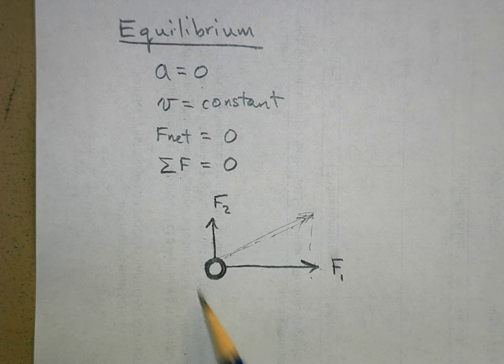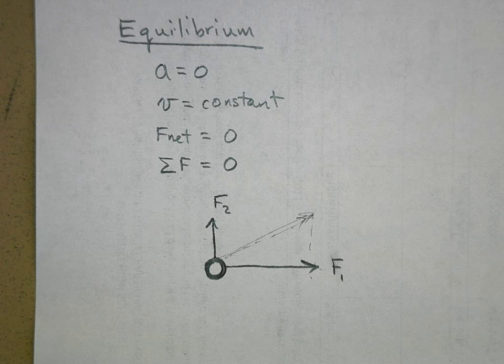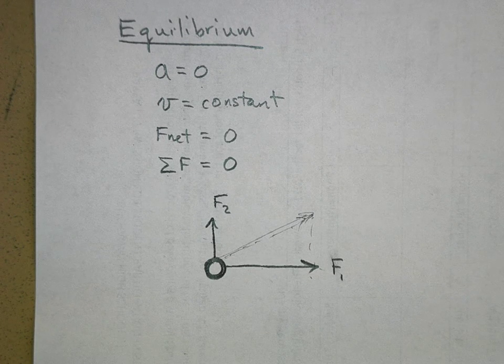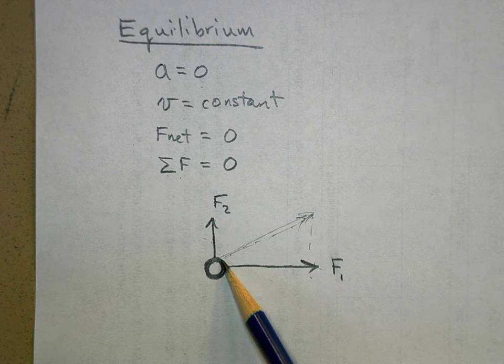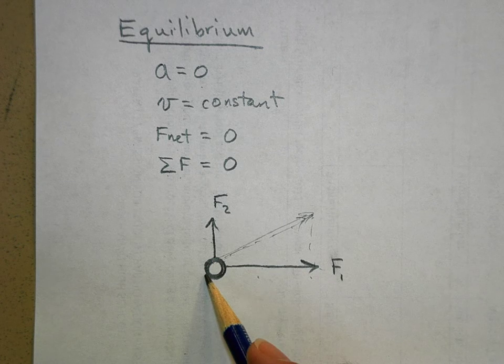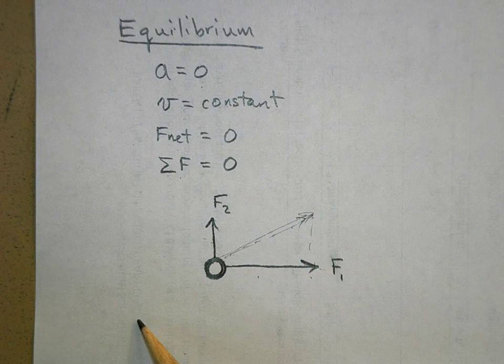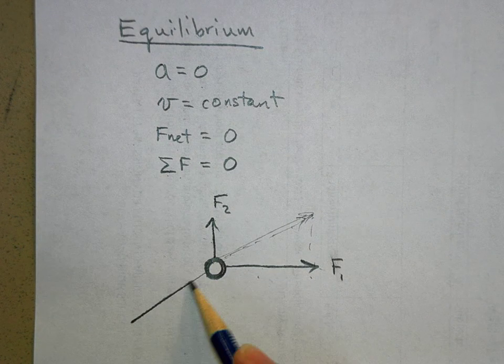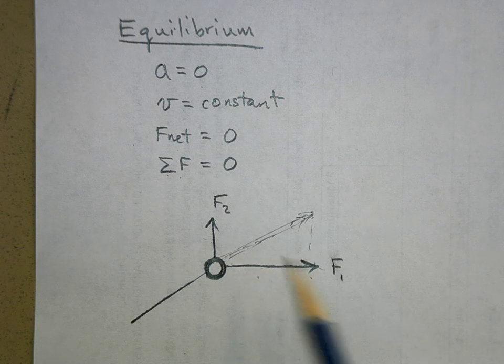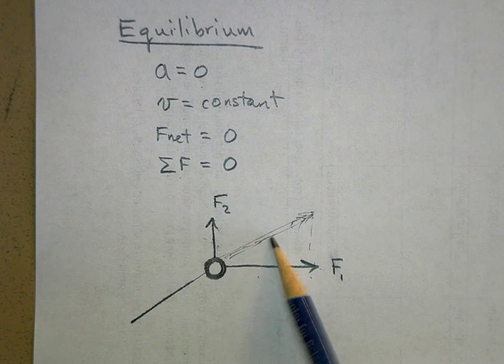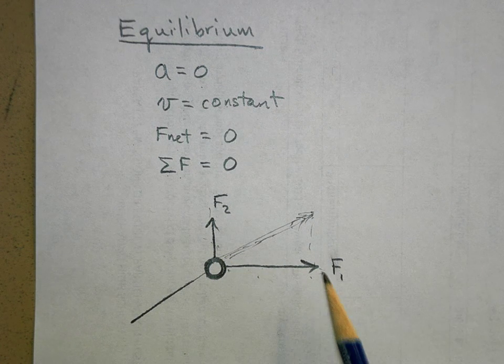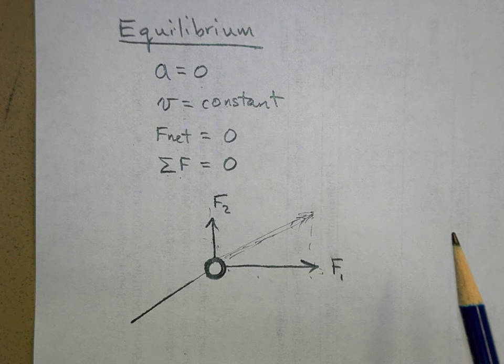So what if I wanted to hold this ring in equilibrium? What would I do? The one on the other side of F1. Yeah, I would just cancel these two forces out by applying a force like this, that's just opposite of this. Now, the force I get when I add these two together is called the resultant force.